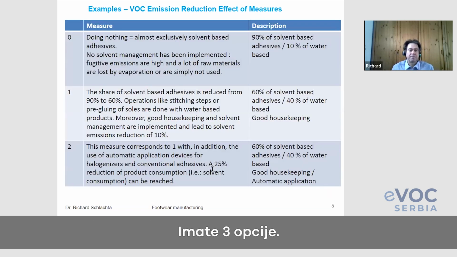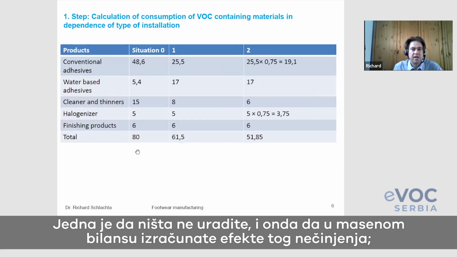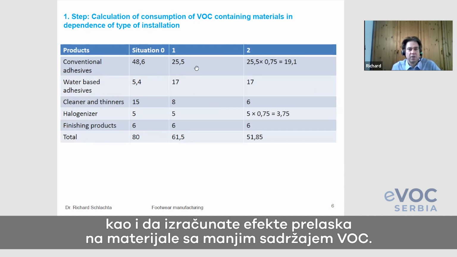Here's an example I want to show you. I have to hurry a little bit, so I make it very short. Here are 3 different options to improve something. The one is you do nothing, and then you can calculate by your solvent mass balance the different effects of doing nothing, or doing some exchanges to low VOC materials.